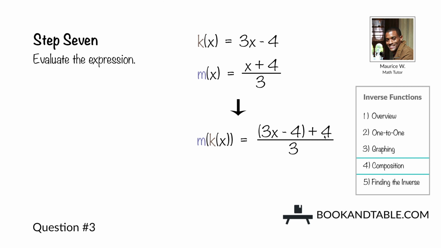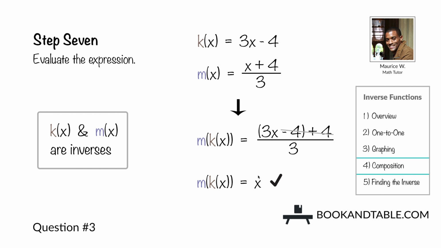Negative 4 plus 4 cancel each other out, leaving us with 3x over 3. 3 over 3 cancel each other out, leaving us with x. So since k of m of x resulted in x, and m of k of x resulted in x, that lets us know that k of x and m of x are inverses.